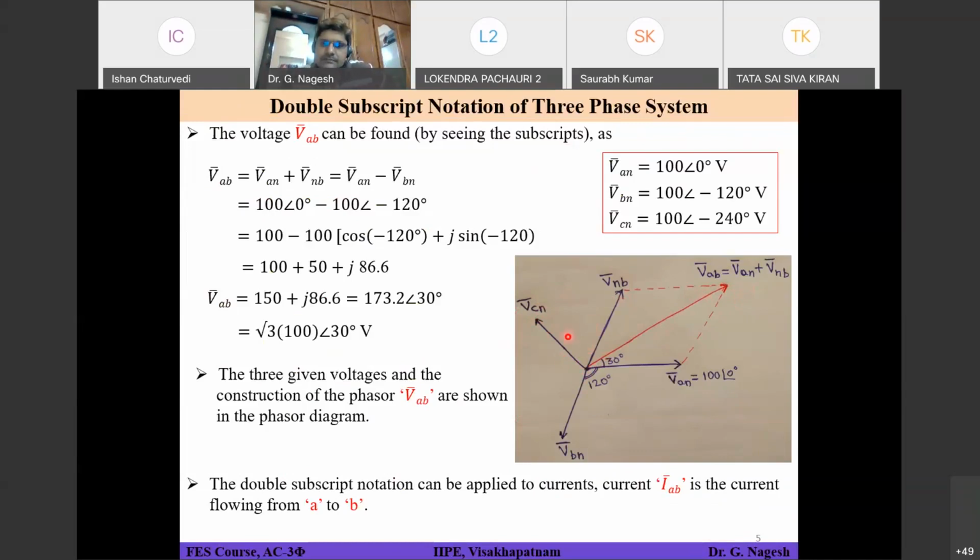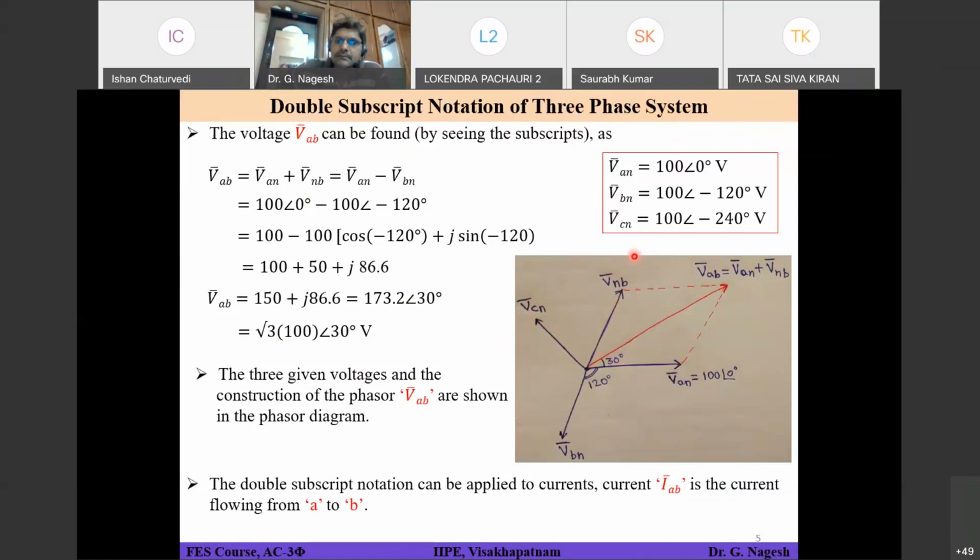That means you are trying to find out some other voltage. So you can't say VCAB. You can calculate the voltage between those two phasors. You have VCN and you have VAB. If you want, you can find the phasor addition or subtraction of that.